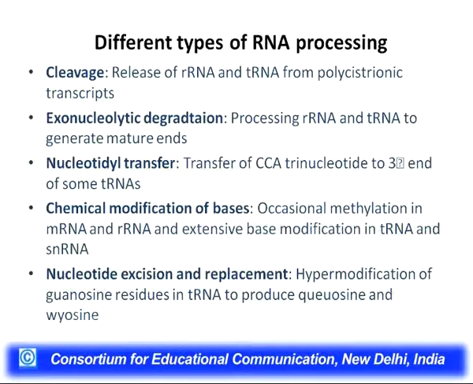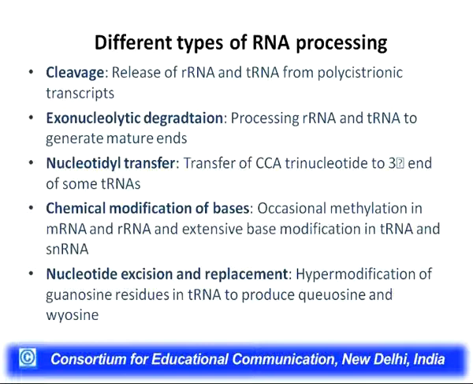And whenever rRNA has been transcribed along with tRNA, then cleavage leads to formation of individual rRNA and tRNA molecules. The second method involved in RNA processing is exonucleolytic degradation. As the name suggests, exonucleolytic degradation is basically removal of nucleotides from one of the ends of the premature RNA.